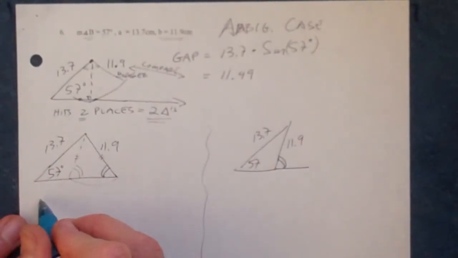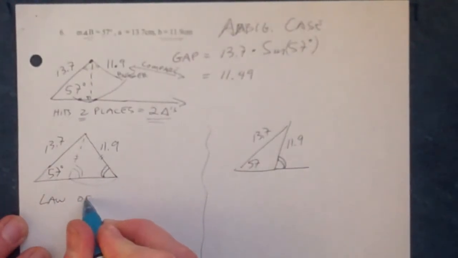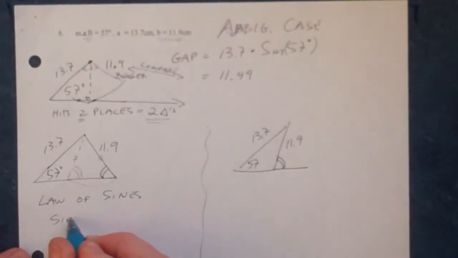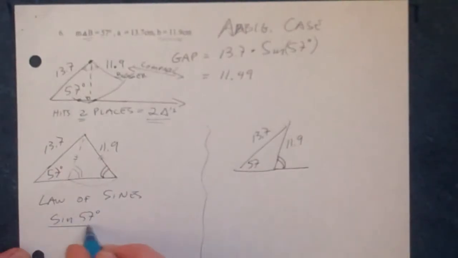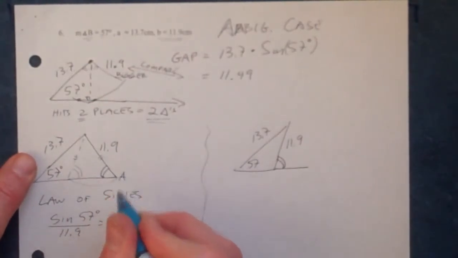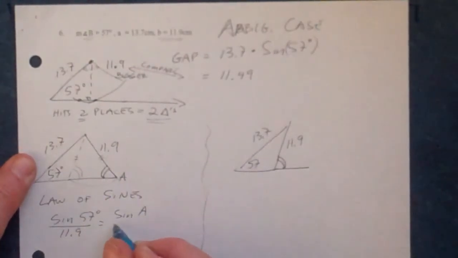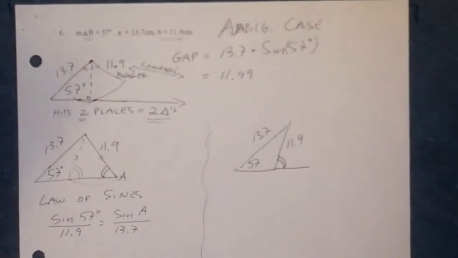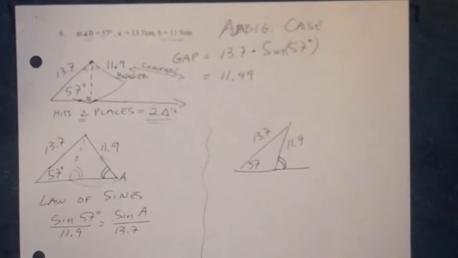All right, so now I do law of sines. And I will get then the sine of 57 degrees over 11.9 is equal to, this angle here is opposite 13.7, so that's A, the sine of angle A over 13.7. So I'm going to do this super quick.